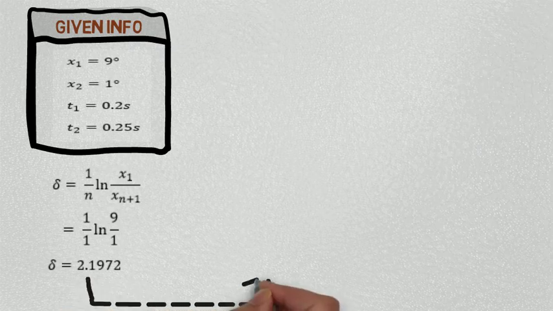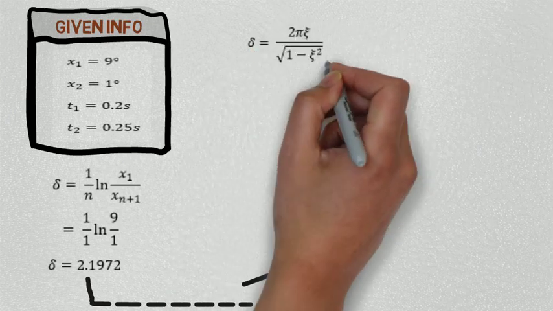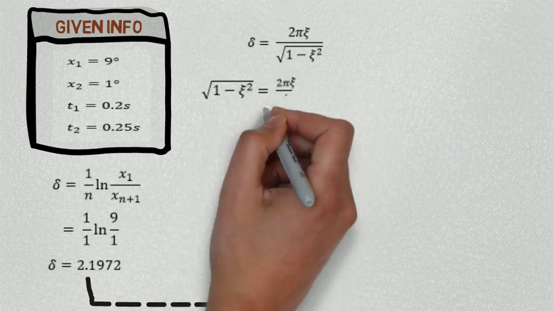Then relate the value of delta with zeta to get the value of zeta.